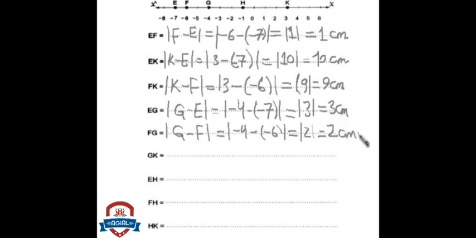And now, what about the distance between G and K? By the same way, to find the distance between G and K, we have to find the length of line segment GK. The length of line segment GK equals the absolute value of K minus G. K equals 3 and G equals -4.